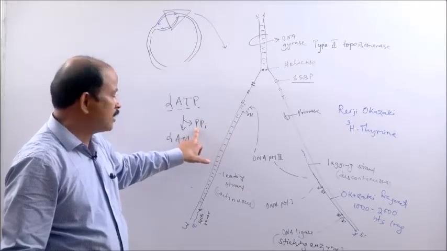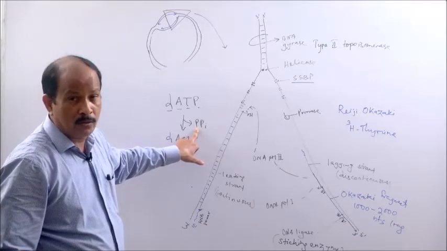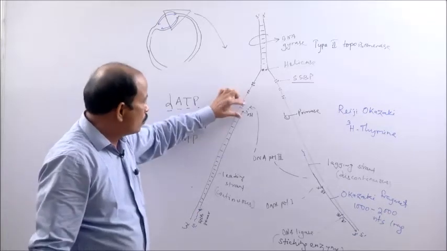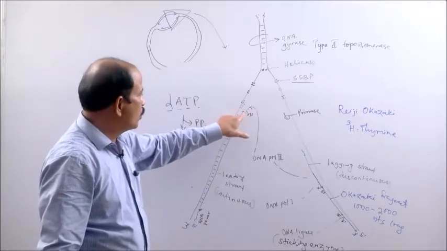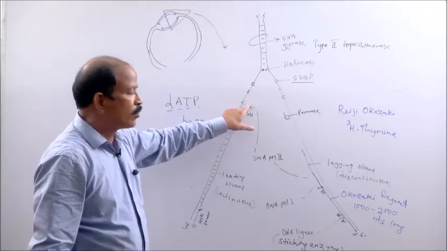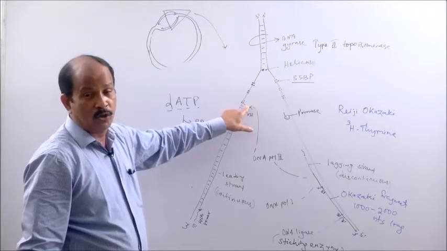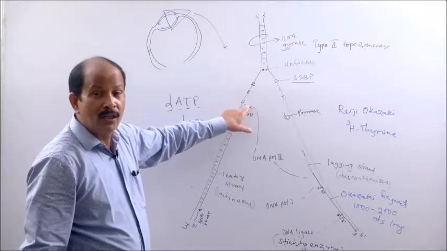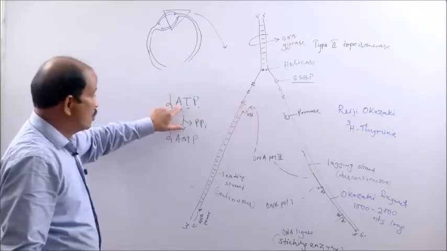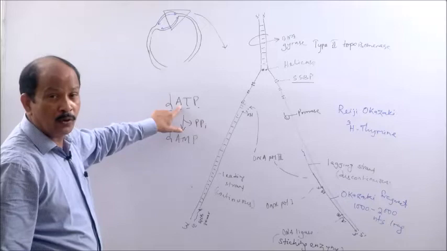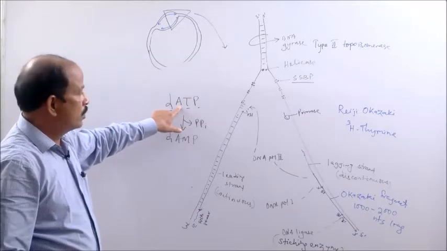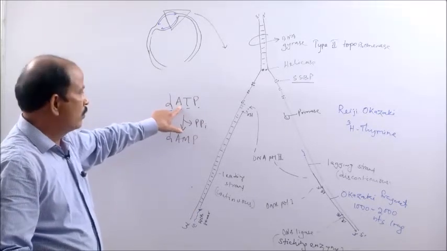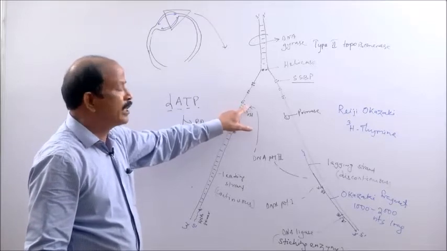And the pyrophosphate is 2 ATP equivalents. What I mean to say is, the formation of the bond between this 3' OH end and the other nucleotide needs energy. That energy is present in this building block, ATP or GTP or CTP or TTP, it doesn't matter. It depends. If A is there, TTP will come.